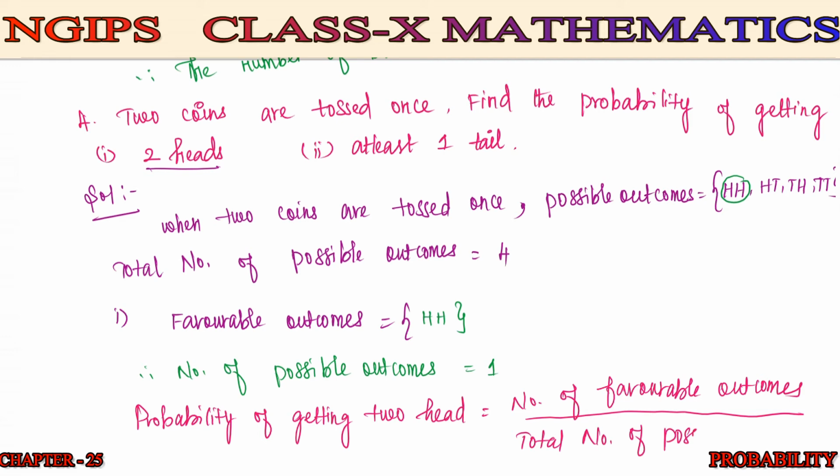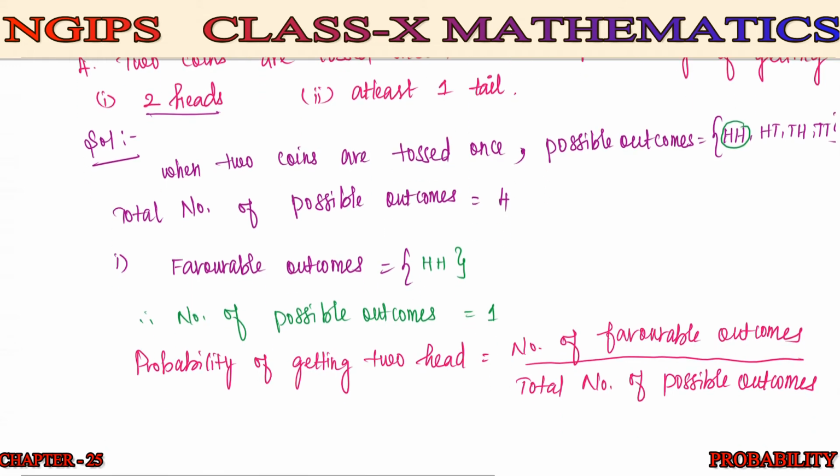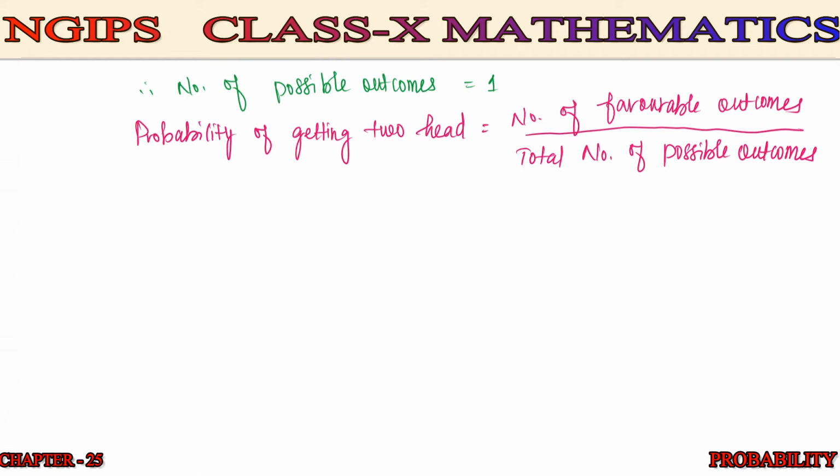So in this question, the number of favorable outcomes we got here is 1, divided by number of possible outcomes, we got here it is 4. So this is the probability.